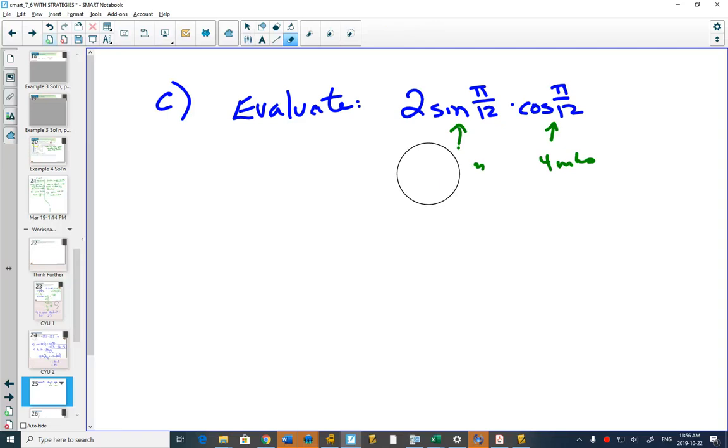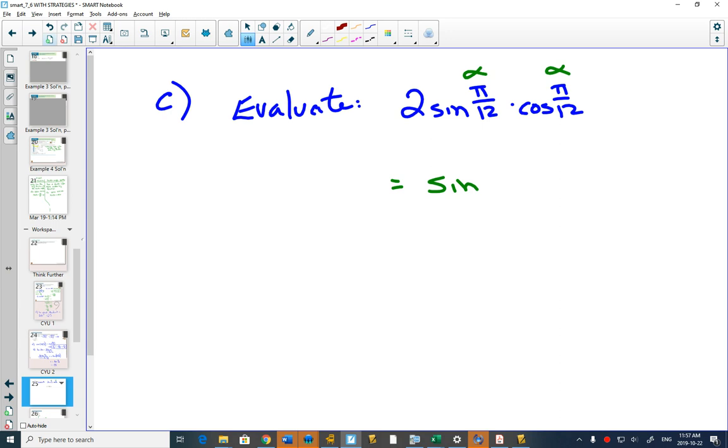But if you look at it some more, you might also recognize that we have 2 sine alpha cos alpha. And if you have that formula memorized, you're like, hey, that's on my formula sheet. It's equal to, right? Sine 2 alpha is equal to 2 sine alpha cos alpha. And so I can simplify this just to be sine 2 times pi over 12.